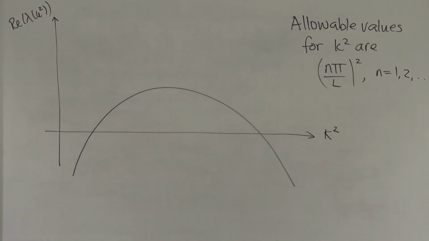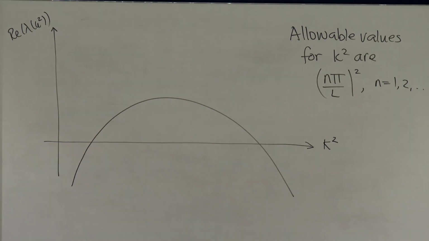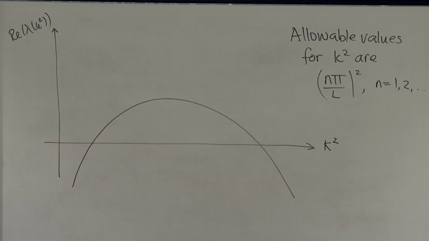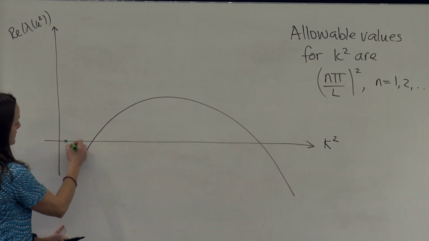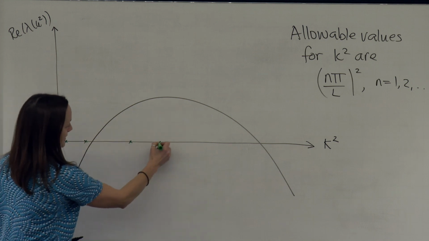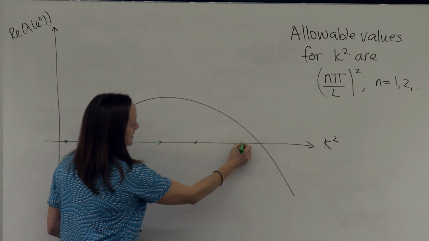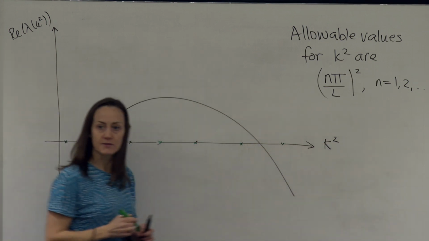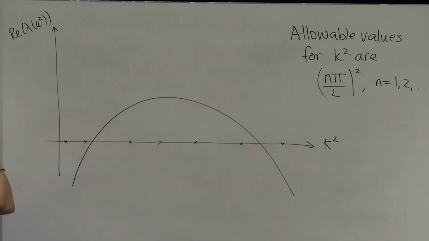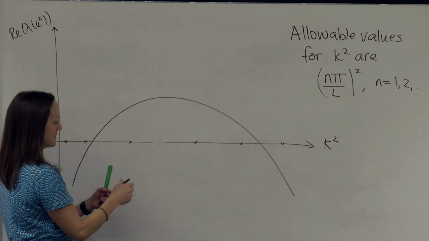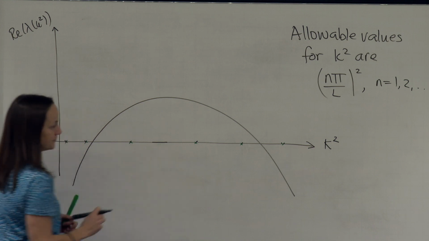And so they're a discrete set of values of k squared. Essentially they're going to sit along the axis, increasingly far apart, like this. So these are the actual allowable values of k squared that I can have.